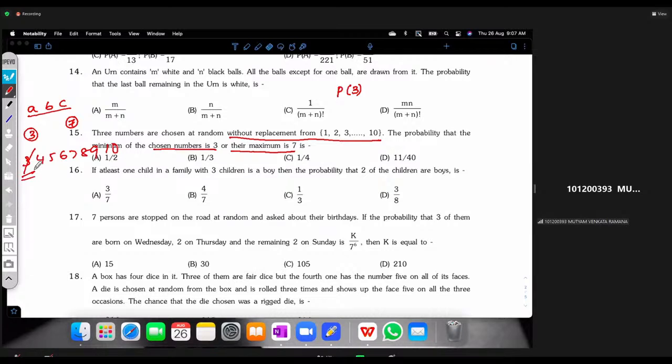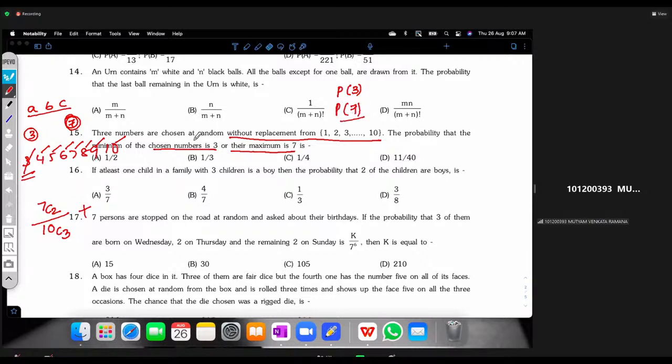One number is selected. One number is selected. So you need to select from 1, 2, 3, 4, 5, 6, 7. So that is 7C2 by 10C3. Or you are selecting B, probability of 7.